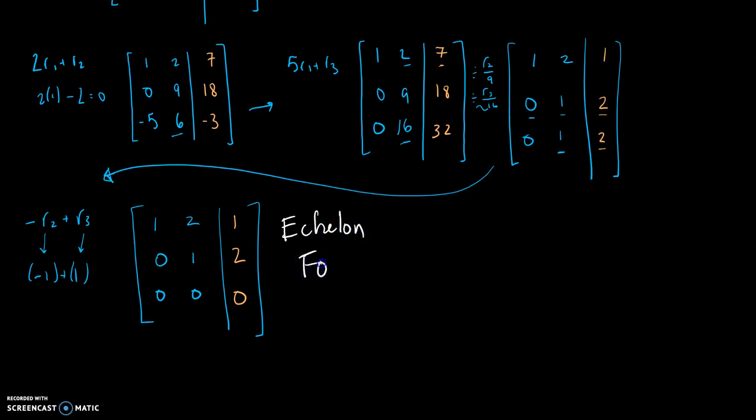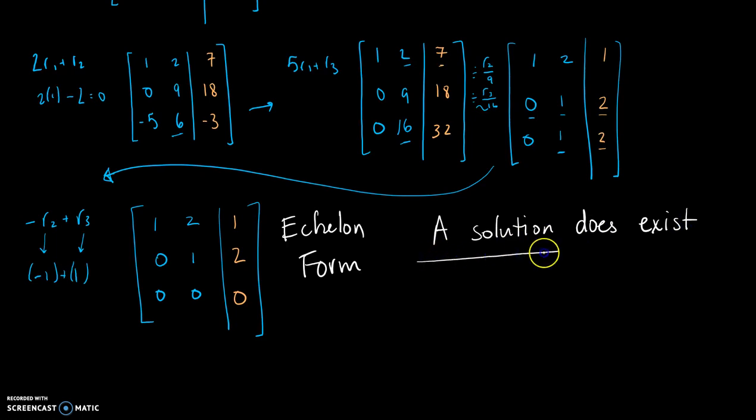Now remember, echelon form is good to tell us some things about existence and uniqueness. And if you can think back to those videos when we first introduced existence and uniqueness, what we can tell from this augmented matrix is that a solution does exist, right?